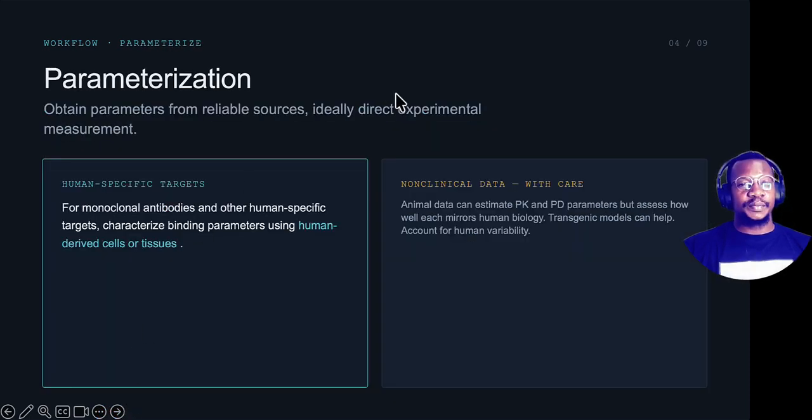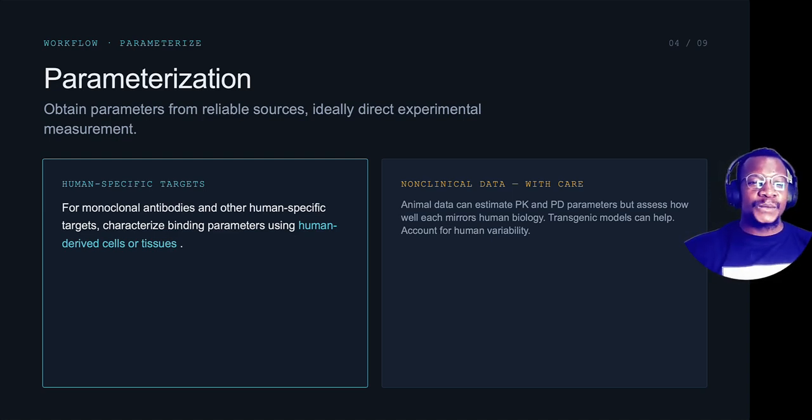So, model parameterization. Remember when I said something about simulations and parameters? You have to really get your parameters right. So obtain parameters from reliable sources. They ideally should be from direct experimental measurement. It should be at least backed by literature, so to say. For example, for monoclonal antibodies and other human-specific targets, characterize binding parameters using human-derived cells or tissues.